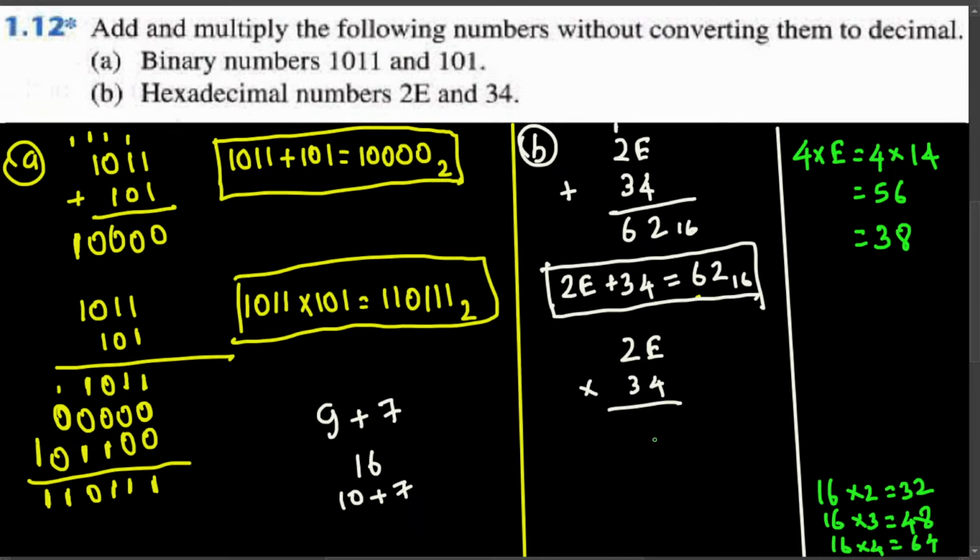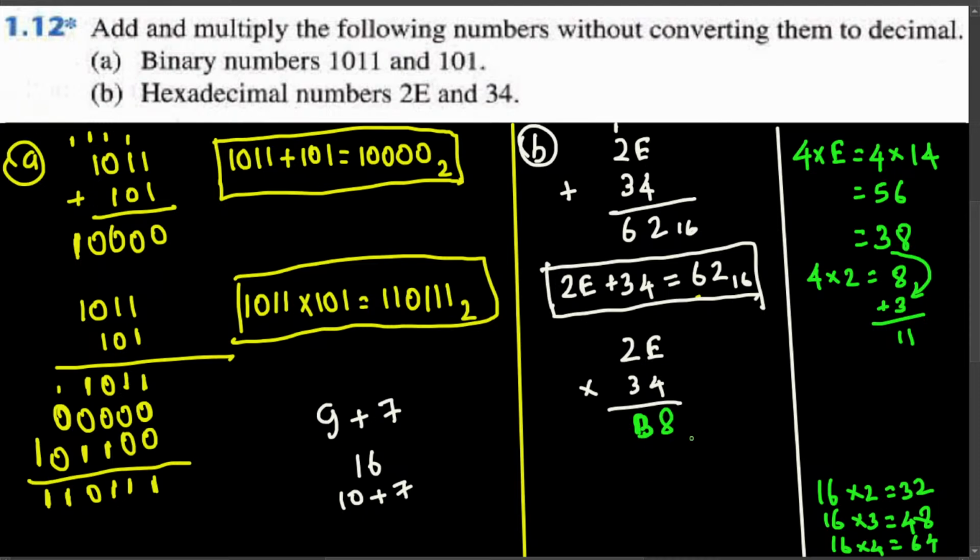So I just put the 8 right here, and the 3 is a carry, and we are going to add that one with the next multiplication. It's like 4 times 2, that is 8, and then I bring this carry 3, and we add with this one, 8 plus 3, that is 11. 11 is b in hexadecimal, so I put the b right here.